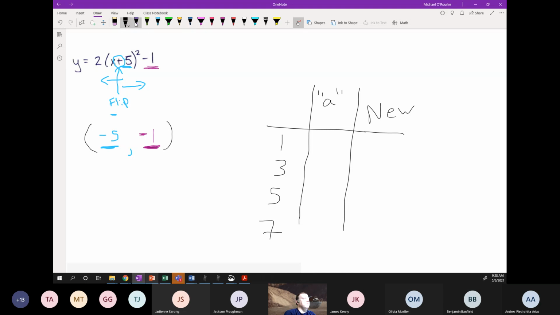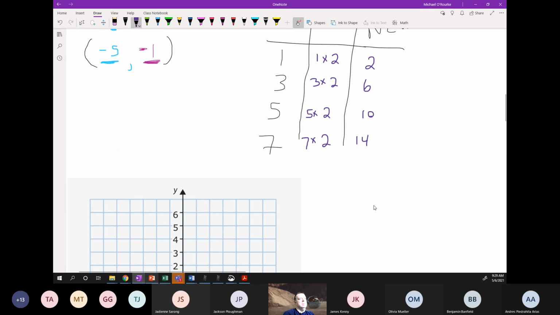Now, what's the A value here? Oh, I just gave it away. Our A value is 2. So we're going to multiply our step pattern by 2. So our new step pattern is going to be 2, 6, 10, 14.